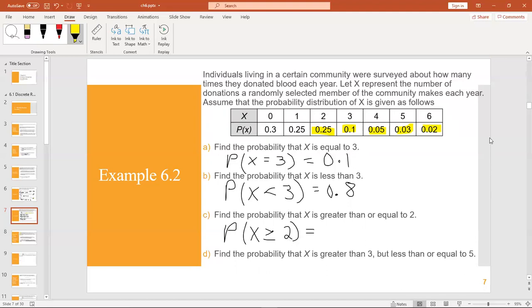If we add all those up: 0.25 plus 0.1 plus 0.05 plus 0.03 plus 0.02. That gives you 0.45, also known as a 45% chance of picking someone who donated 2 or more times.